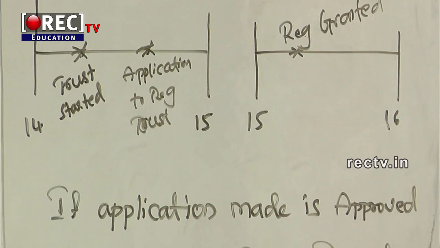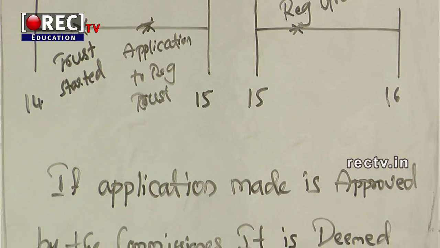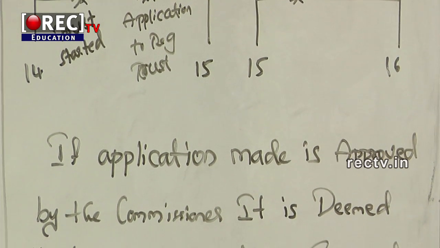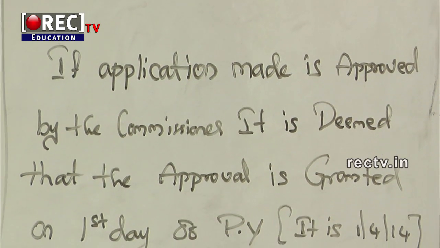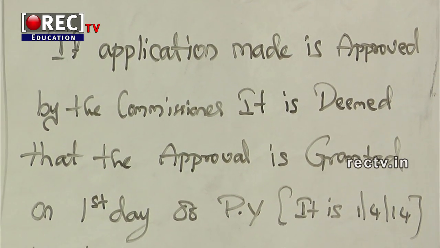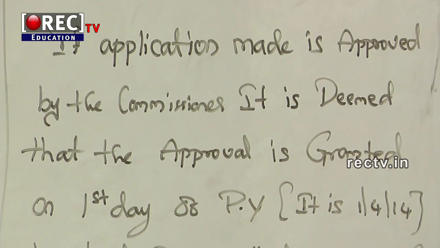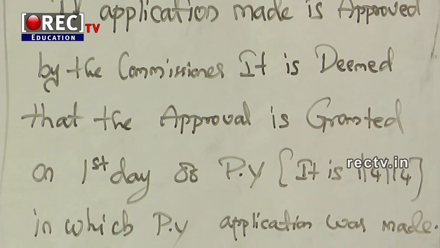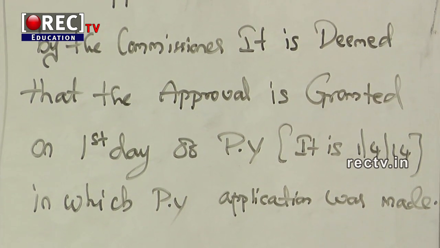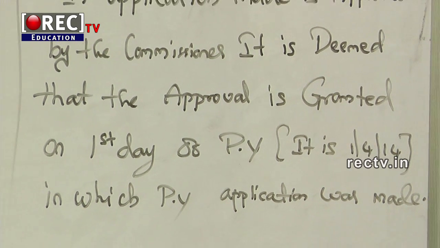Now, in this case, if the application is approved by the Commissioner, it is deemed that the approval is granted on the first day of the previous year. In our example, in 14-15, first star, it is dated 1/4/2014, that is 1st April 2014, the previous year in which the application was made.